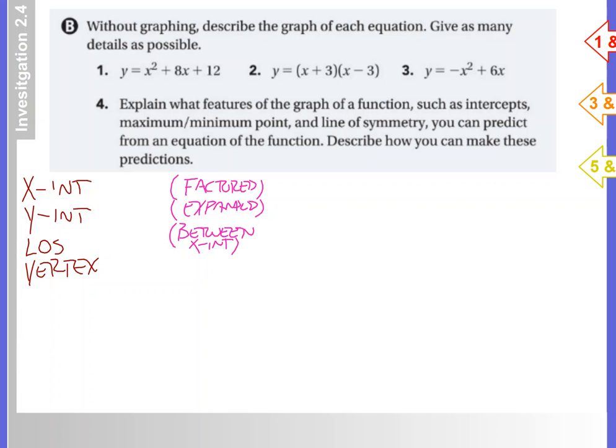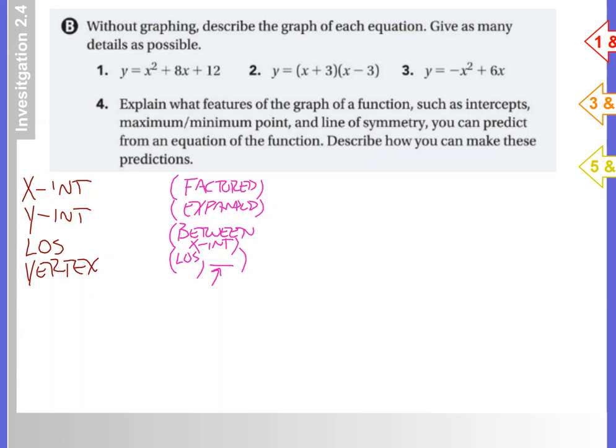And if you want to write this little cheat sheet out, that's not a bad idea. And so the vertex has the x value of the line of symmetry, and then you have to plug in the line of symmetry value, the number, into one of the equations to find the y value. So that's what we're going to be doing here.